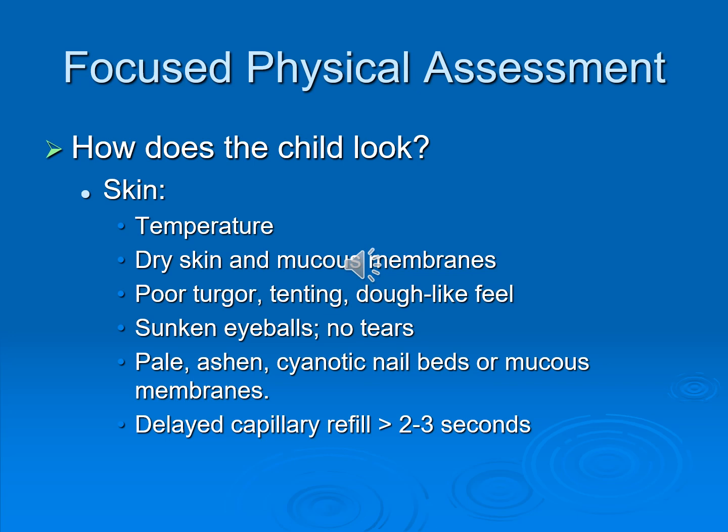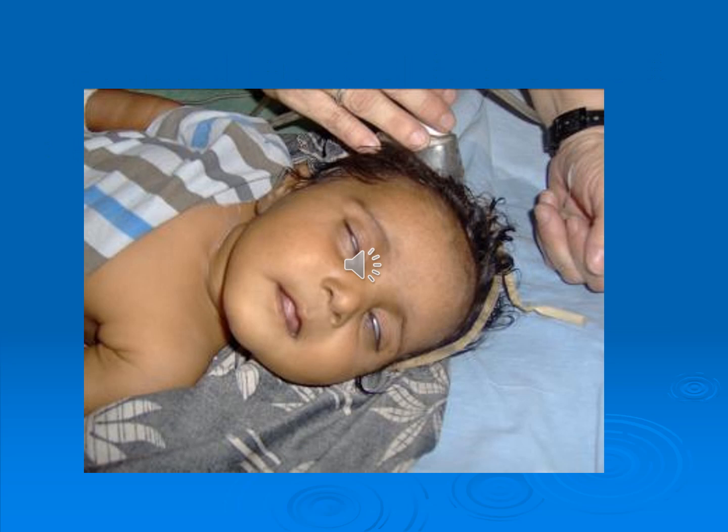Are their nail beds cyanotic? And then do they have that delayed cap refill of greater than 2 to 3 seconds? Here you see a picture of a child that is severely dehydrated.